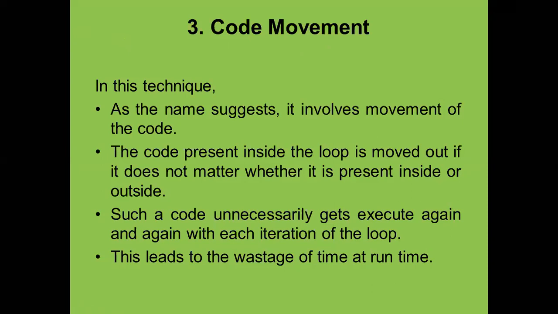If there is some sub expression that you define inside the loop, even though you must define it outside the loop, but you write the same expression inside the loop also, you are not judging whether it must be written inside or outside the loop. So the same code will execute again and again with each iteration of the loop.